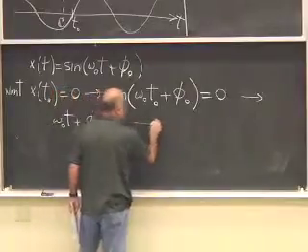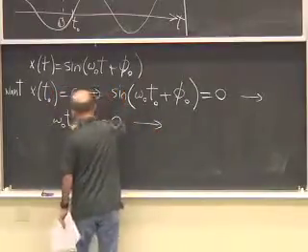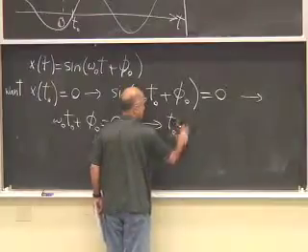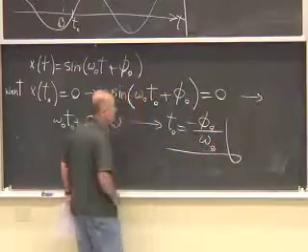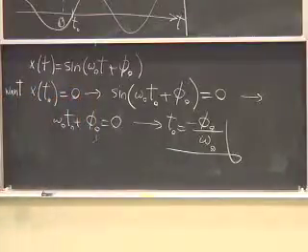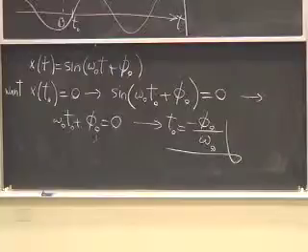And so t naught is what? Negative phi naught over omega naught. Okay? Is that clear?